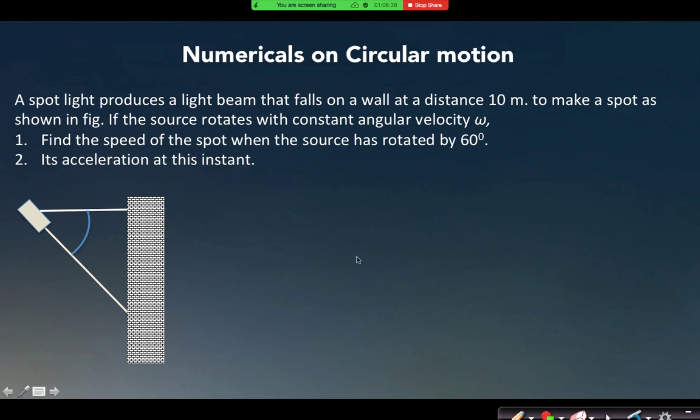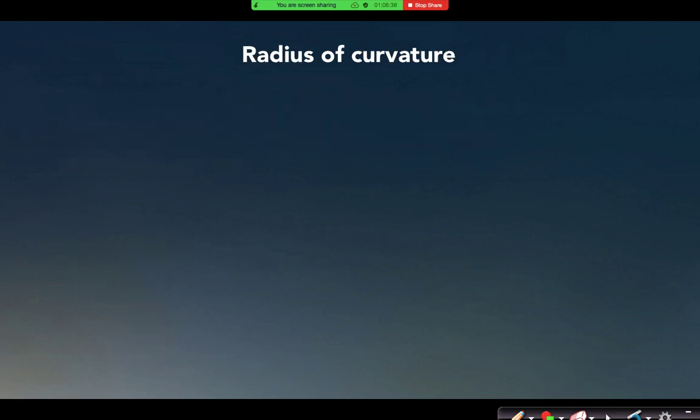Now there is another small portion on circular motion that is still left. We'll talk about that part in today's class, which is radius of curvature. What is radius of curvature? Any curved path is nothing but a combination of several circular paths.